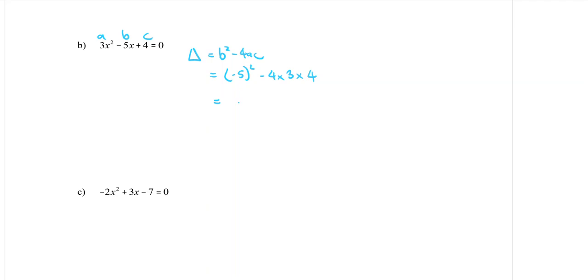Calculating that, you get a negative 23. Again, it's not the 23 that's the key thing here. The fact that it's negative means that it's less than 0, and less than 0 means that there are no solutions. So you could try completing the square, you could try using the full quadratic formula, and you will not be able to ever get solutions to that quadratic equation.